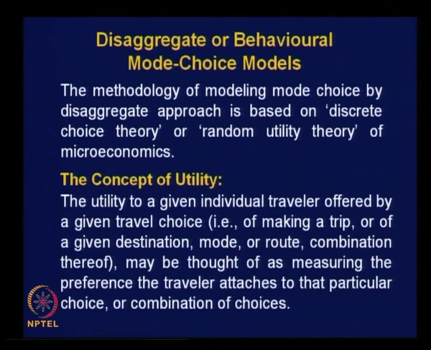As indicated here, one may simultaneously decide about trip making, destination choice, route choice, as well as mode choice. So, a combination of all together may be a factor to be considered in mode choice analysis. It depends upon the way you analyze the choice process.